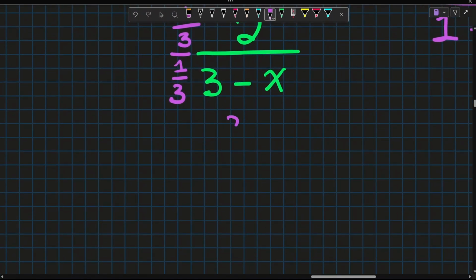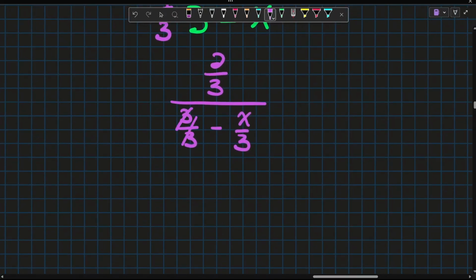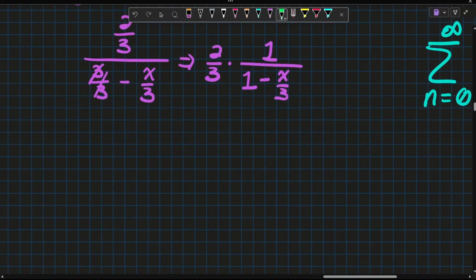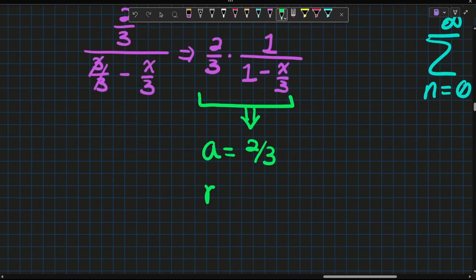Now we'll get 2 over 3 over 3 over 3 minus x over 3, right? These will cancel out to give you 2 over 3 times 1 over 1 minus x over 3. Now you can clearly see that your first value, a, is equal to 2 over 3, and then your r is x over 3.